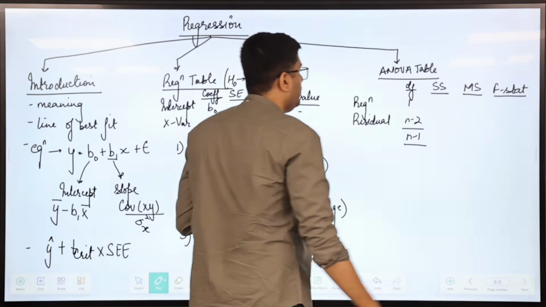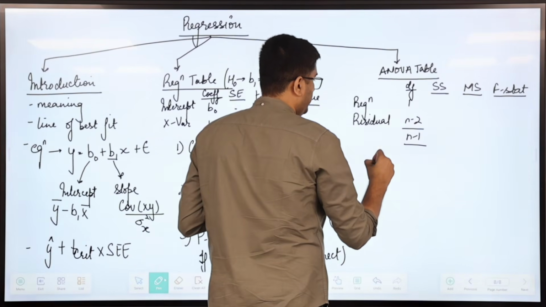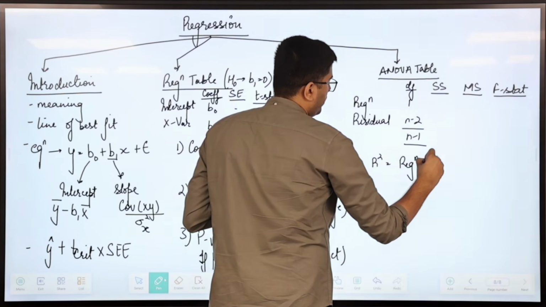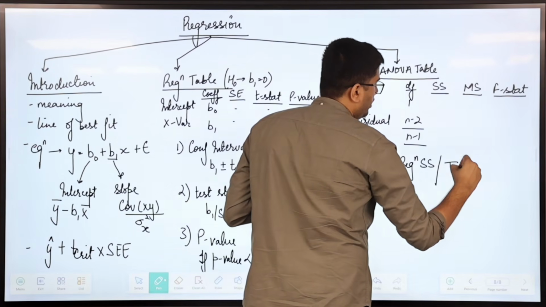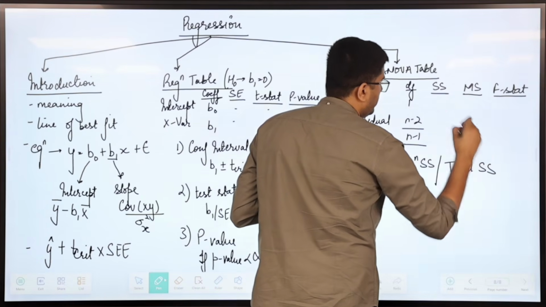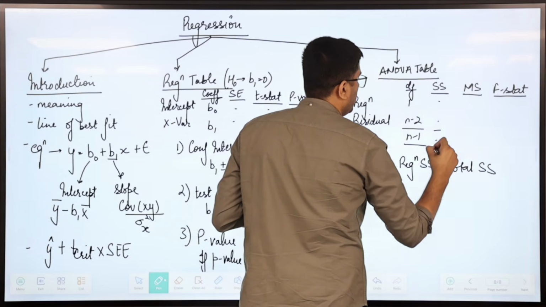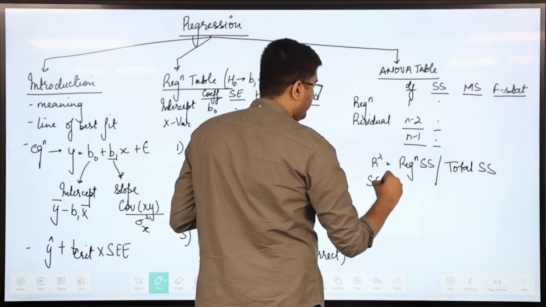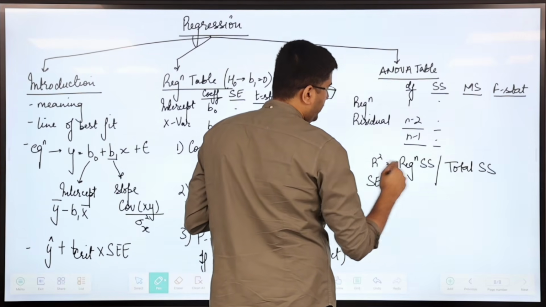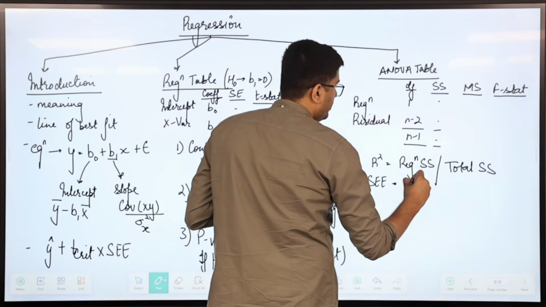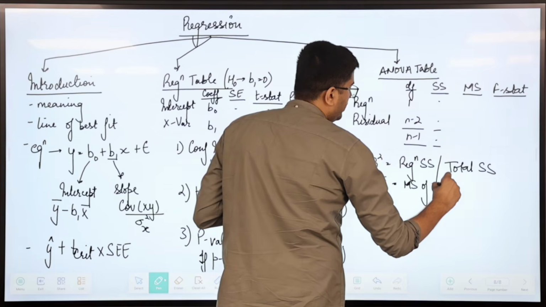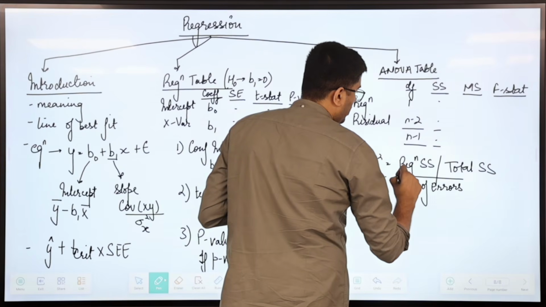From all of this data, you can calculate R square, which is the regression sum of squares divided by the total sum of squares. And then we can calculate the standard error of estimate, which is the square root of the mean square error. Error is another name for residual.